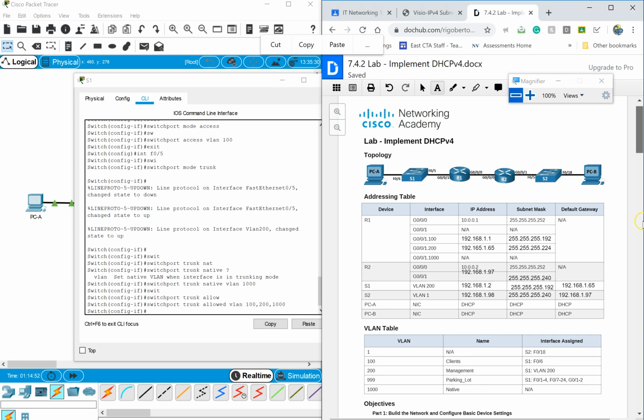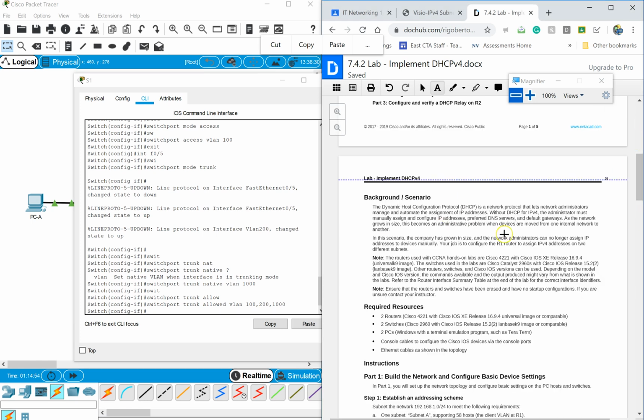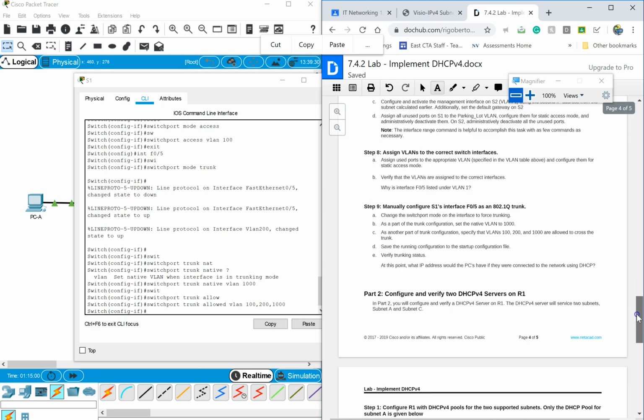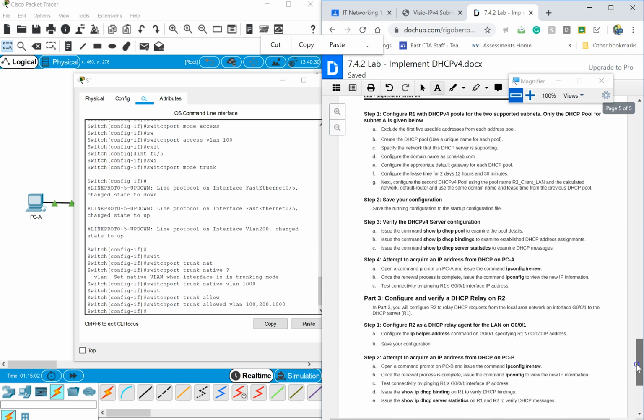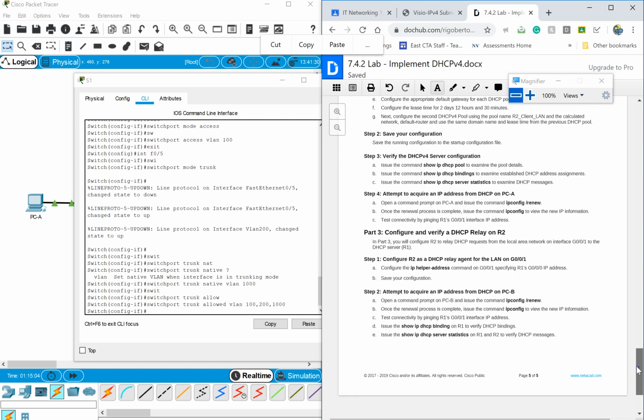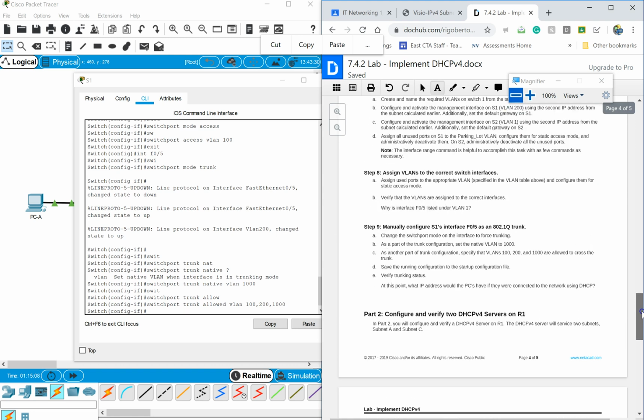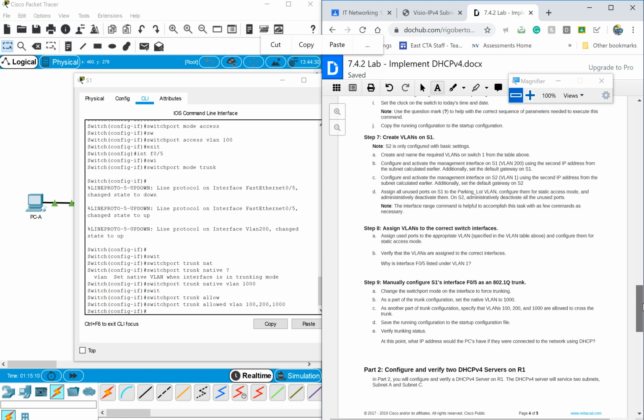Those are the ones that are dropping off traffic anyways. 999 is what we usually call a dumping ground VLAN, because everything that's put in there is going to be in a down state anyways. You're not allowed to communicate. But let me see if I'm correct with that. It says, yeah, 100, 200, and 1000 right here in the trunk.